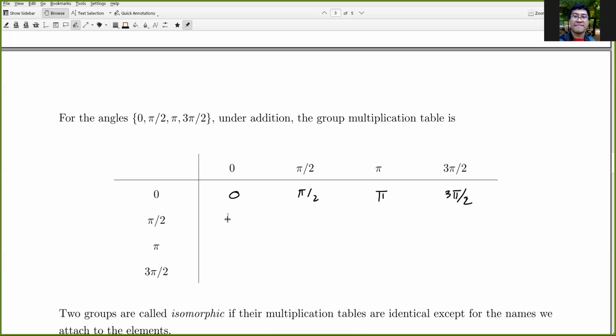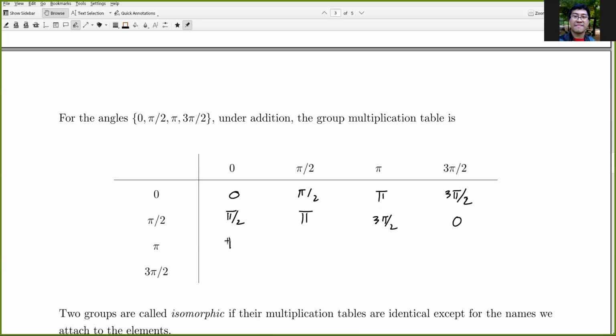Pi over 2 plus 0 is pi over 2. Pi over 2 plus pi over 2 is pi. Pi over 2 plus pi is 3 pi over 2. And pi over 2 plus 3 pi over 2 is 2 pi. But take note, 2 pi is 360 degrees or simply 0. It goes back to 0.